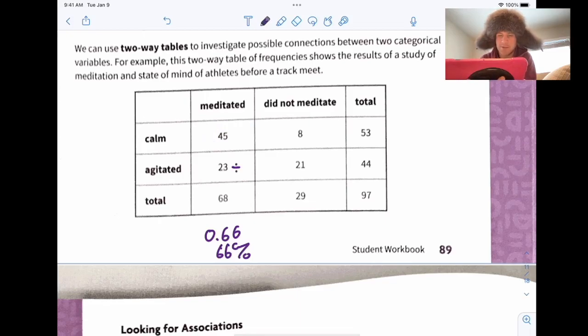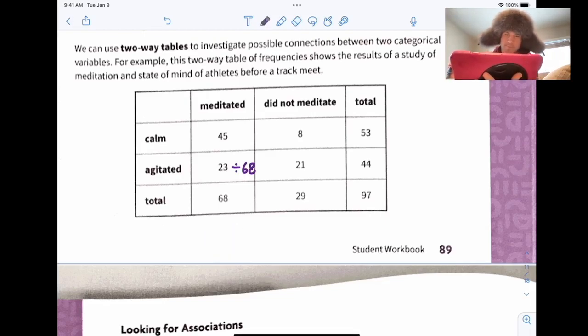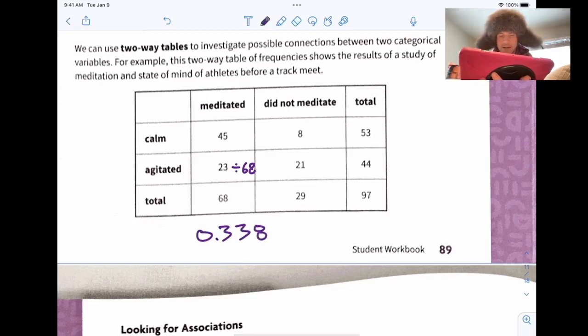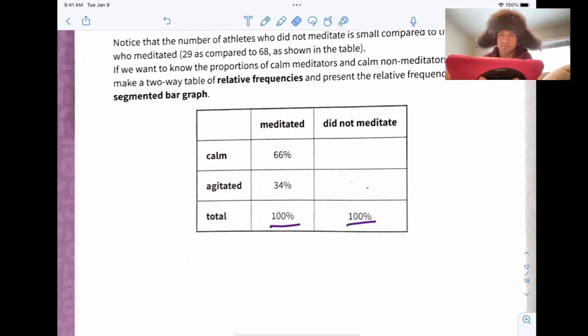So 23 divided by 68, what do we get from that? 23 divided by 68 gets us 0.338, which rounds to 0.34 or 34%. Ta-da!